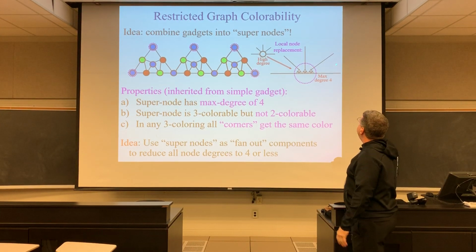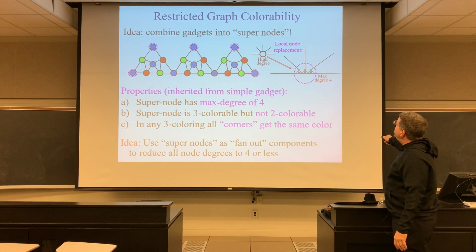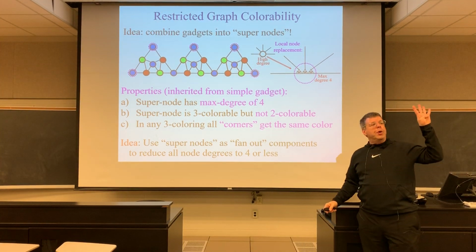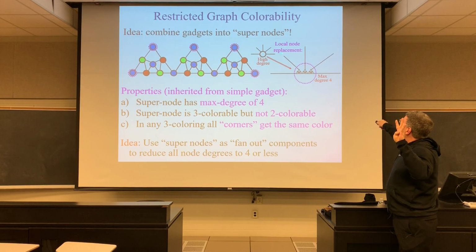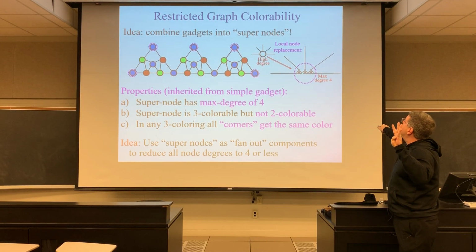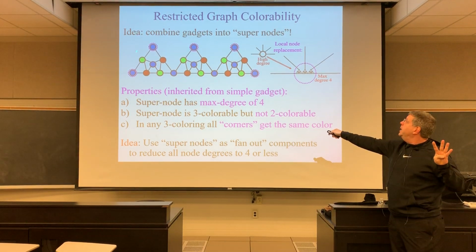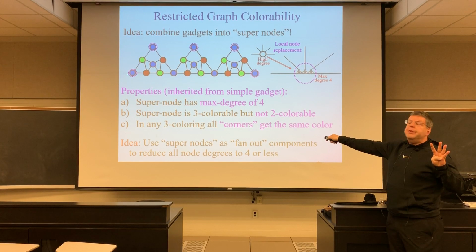First of all, let's see what I did. I replaced that node with a gadget, which means the degree everywhere inside here is at most 4 now. Why? Because I only connected these external edges that came into that node to the endpoints, to the exterior points of the gadget, which had degree 2 to begin with. Every node on the exterior, this one, this one, this one, this one, and that one all have degree 2.